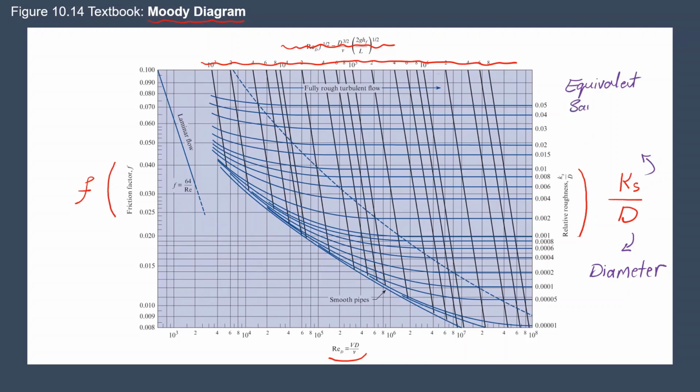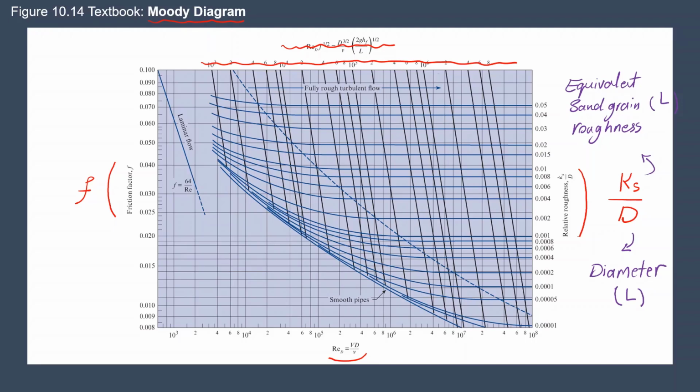The units for this is units of length, and the units of diameter is obviously units of length as well. So relative roughness is non-dimensional, and obviously Reynolds number is non-dimensional as well, right?